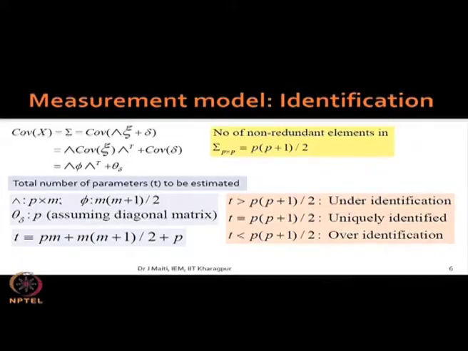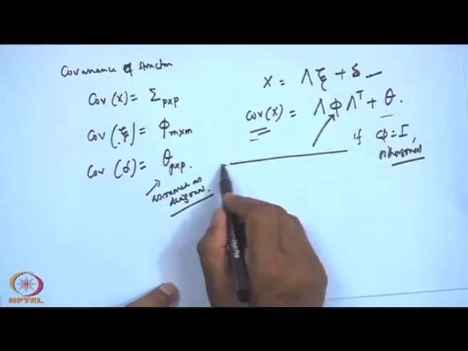So, let us find out which parameters need to be estimated. If you see this slide, we have a few parameters to be estimated in CFA.